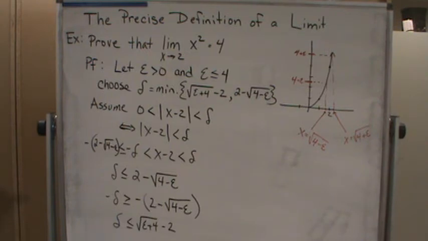And so the question at this point you might ask is, why did we substitute 2 minus the square root of 4 minus epsilon for delta on the left-hand side of the inequality and the square root of 4 plus epsilon minus 2 on the right-hand side of the inequality?